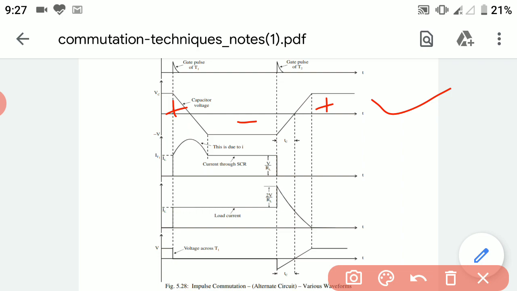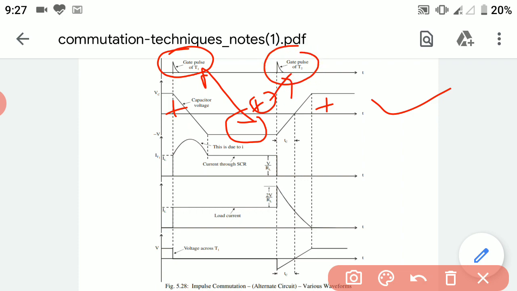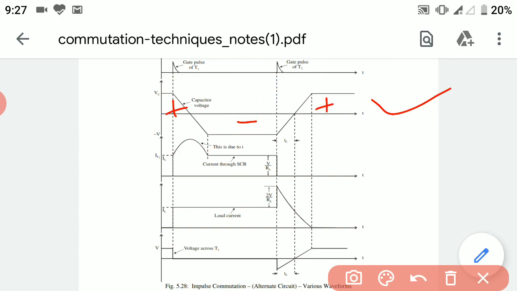As the polarity of the capacitor is positive, thyristor T1 is in the forward bias condition and will be turned on. This negative polarity acts as positive polarity for thyristor T2, so at this instant thyristor T2 will turn on just because of this negative polarity of the capacitor. These are the polarities of the plates, which are changing alternately.